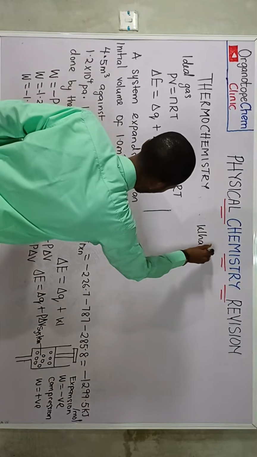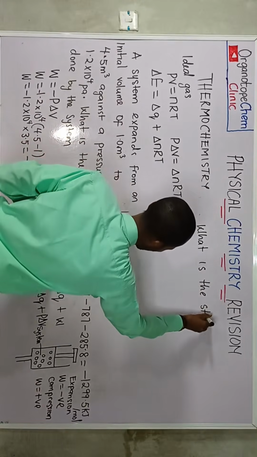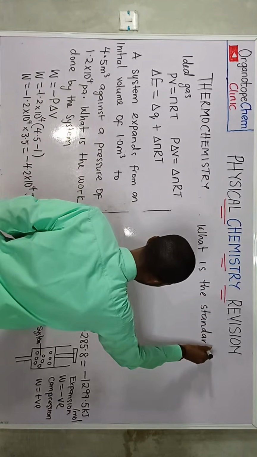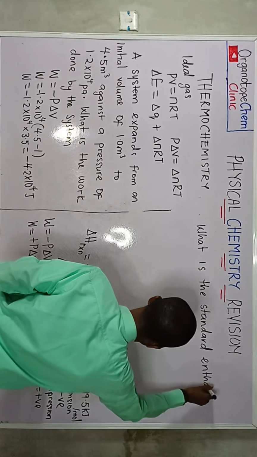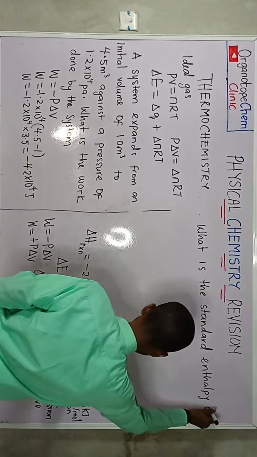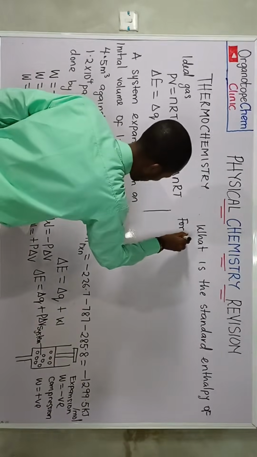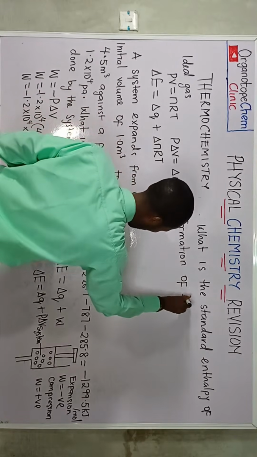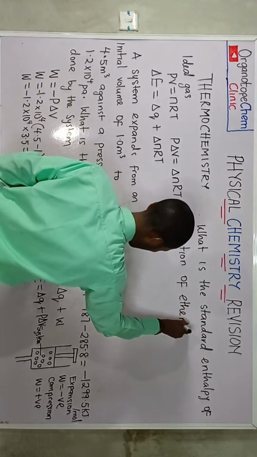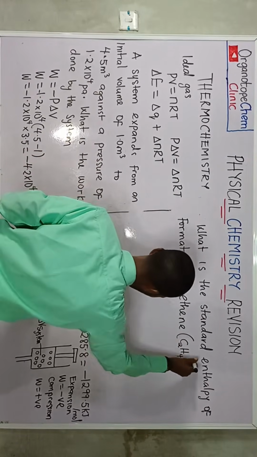What is the standard enthalpy of formation of ethene? Ethene has the molecular formula C2H4.